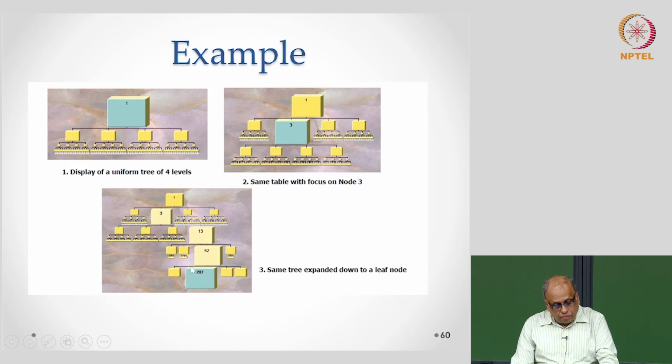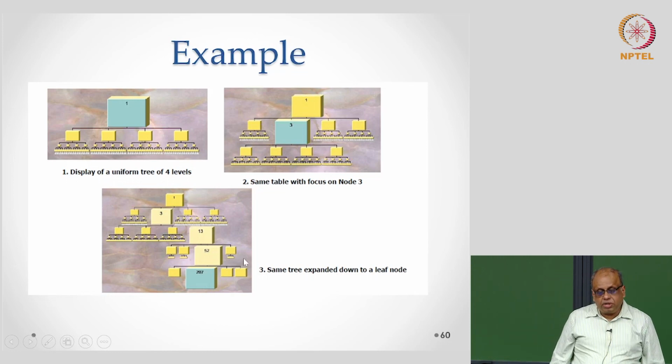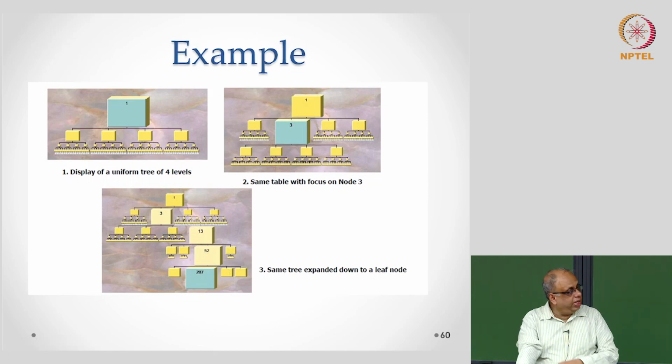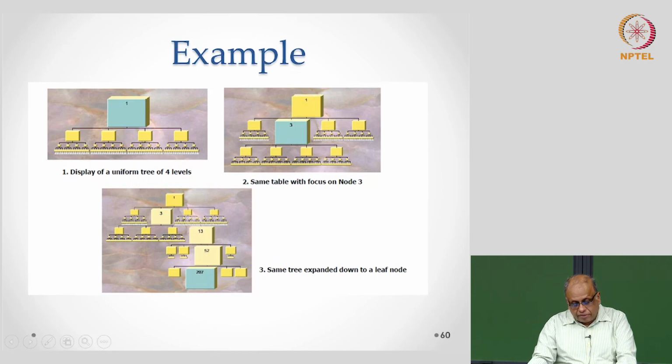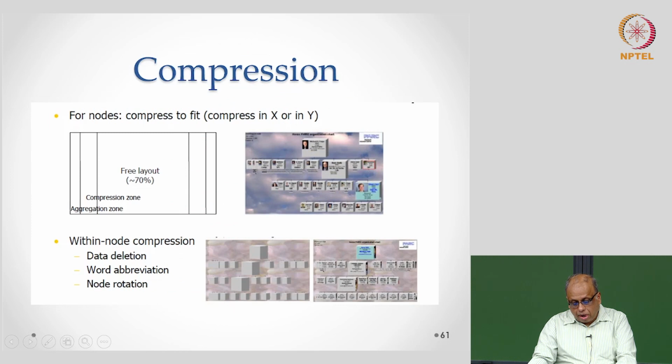And now we have gone much further, so the node 203 is shown, and its parents and grandparents are shown, so that you know exactly how it is positioned and where it is. So this kind of focus plus context visualization is a very good way of showing large graph structures.